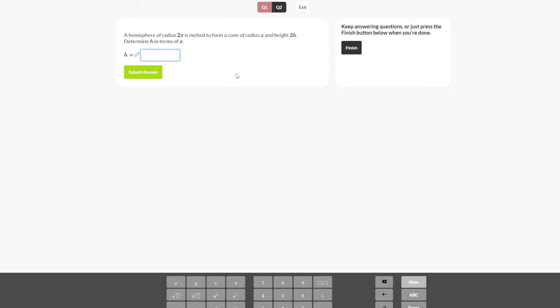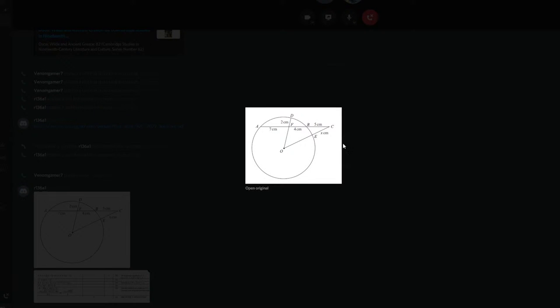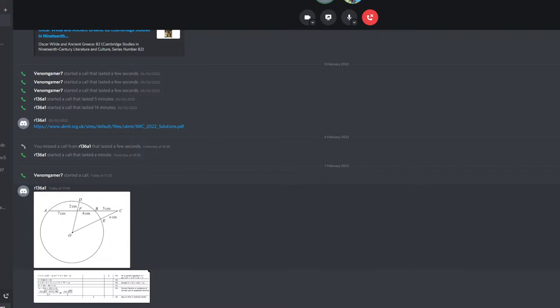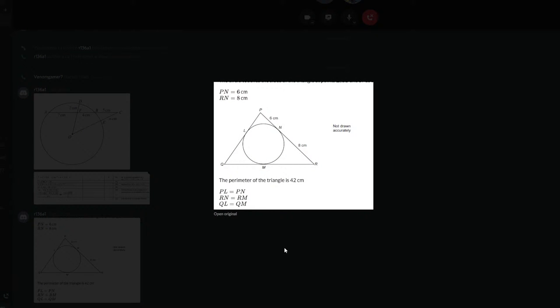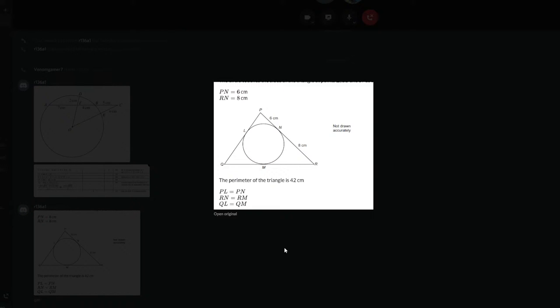How would you do this one? Send it to me. This is supposed to be really easy, like a level 2 one, but I'm not too sure. The question is QM, by the way.